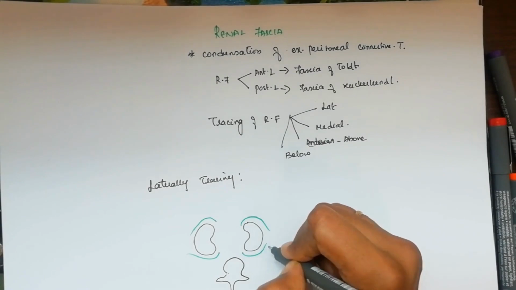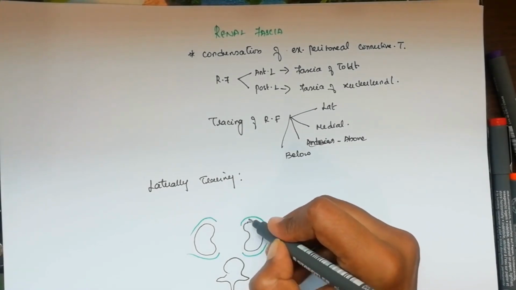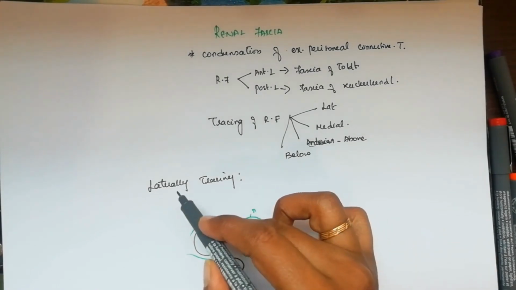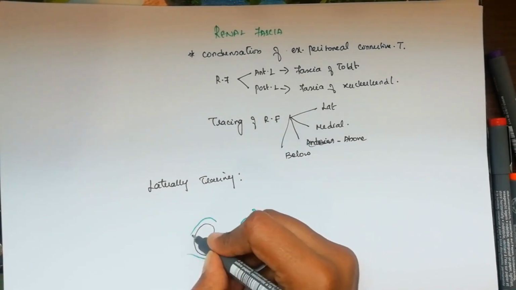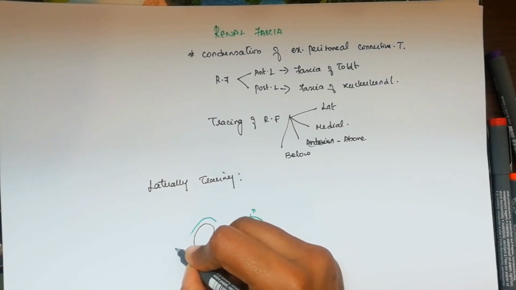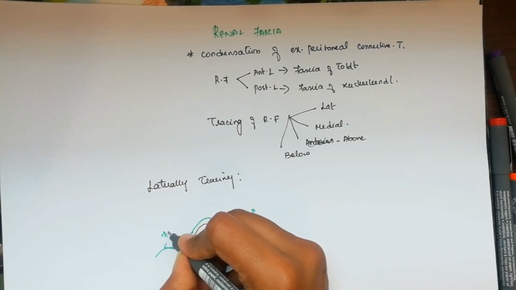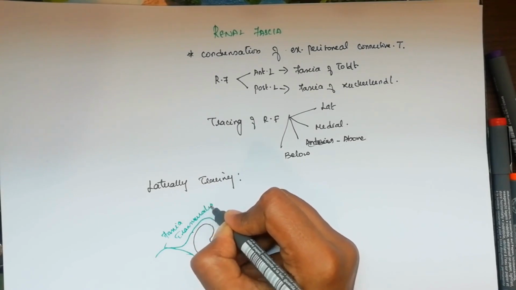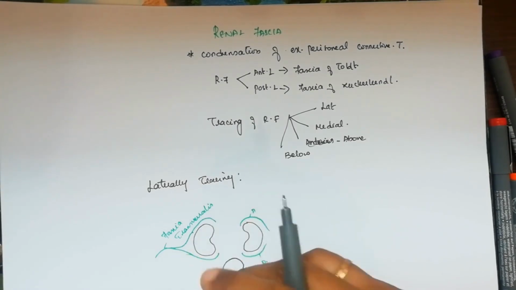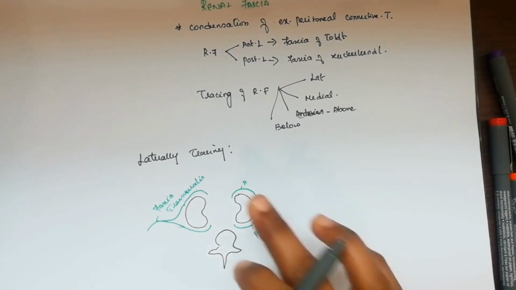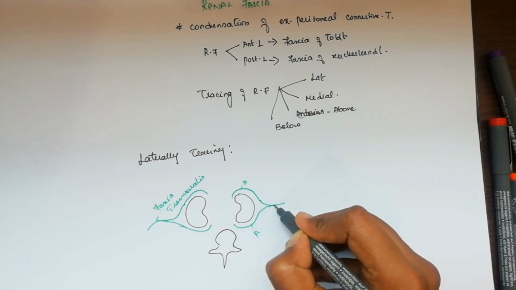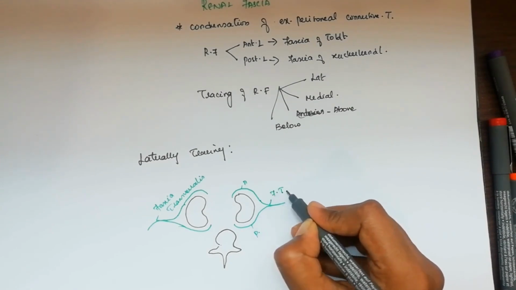This is the renal fascia I am showing. This is the kidney, this is the anterior layer and this is the posterior layer. Now, tracing it laterally, the anterior and posterior layers join together and form a fascia called fascia transversalis. So fascia transversalis is formed by the union of the anterior and posterior layers of renal fascia, and on either side it forms fascia transversalis.